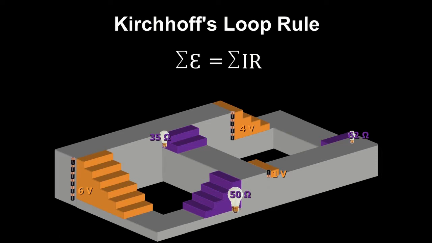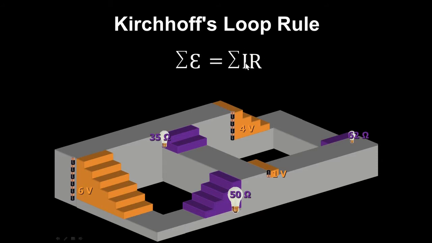It's kind of like when we had impulse and momentum. An impulse of 6 Newton seconds causes a change in momentum of 6 kilogram meters per second. All this is saying is that the total raise in potential should equal the total drop in potential.